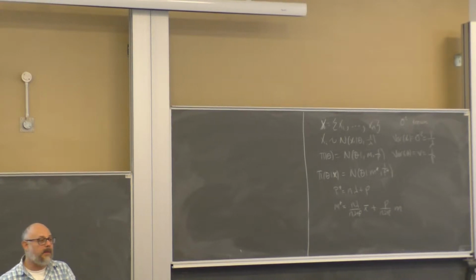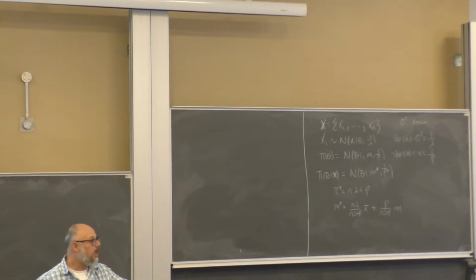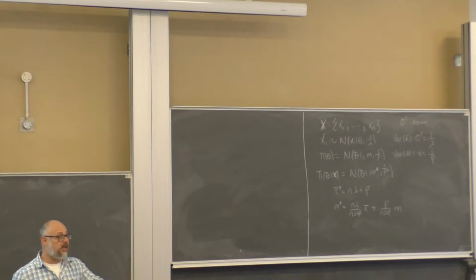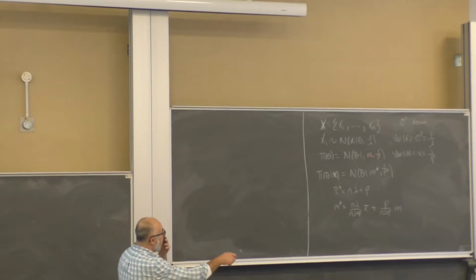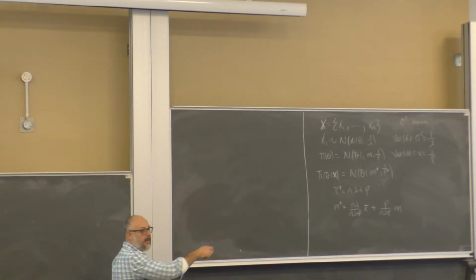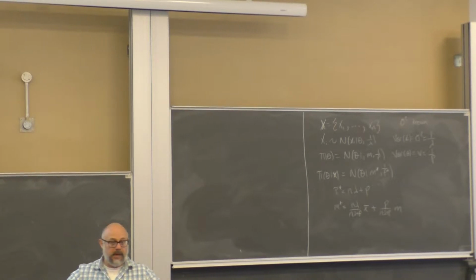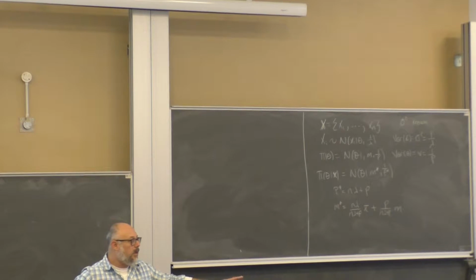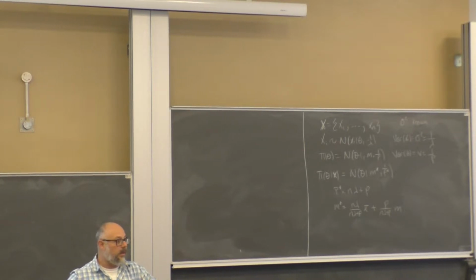So we would like to make P as small as possible. But if P tends to 0, then this prior does not exist, right? This prior becomes flatter and flatter until it converges to 0. And that is not a prior because it doesn't integrate to 1. And it's actually not greater than 0 anyway, right?